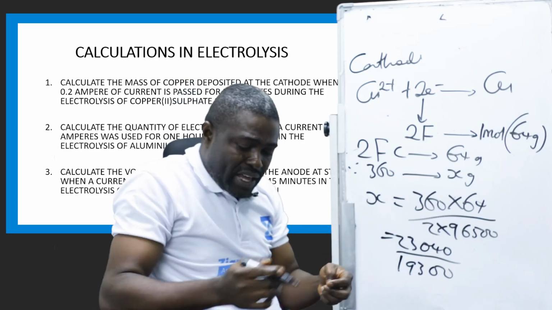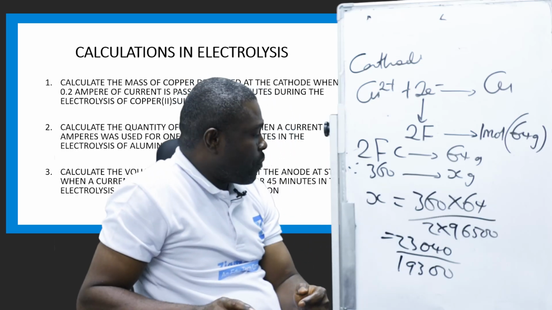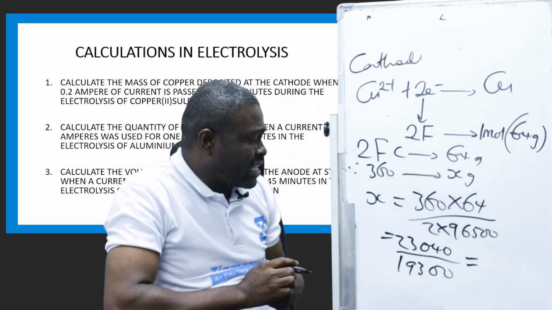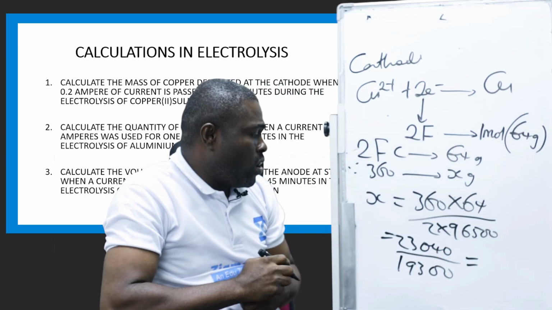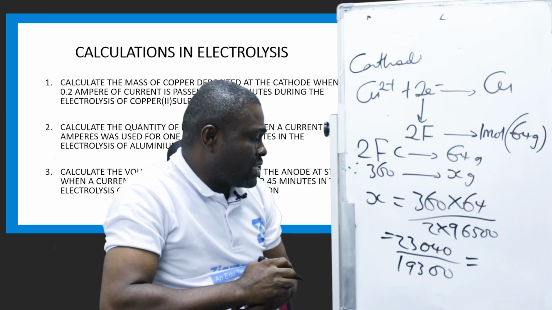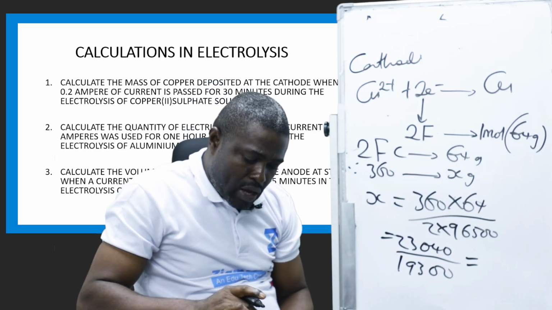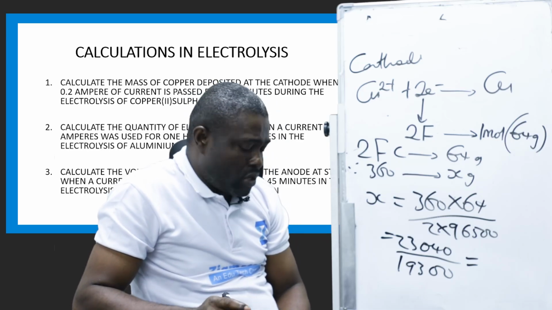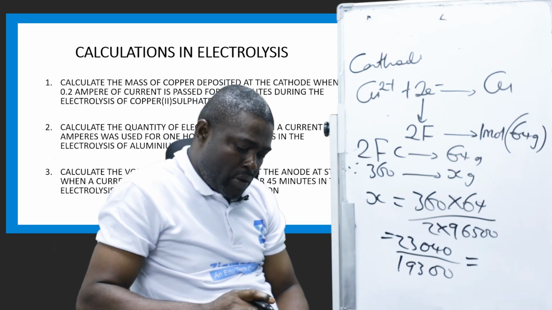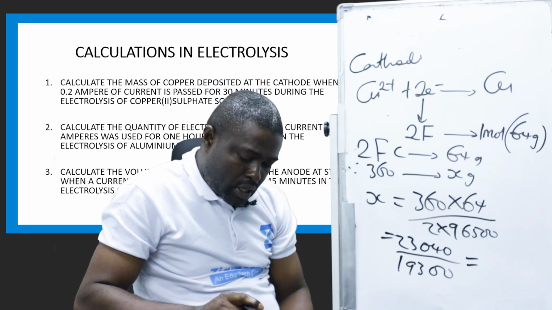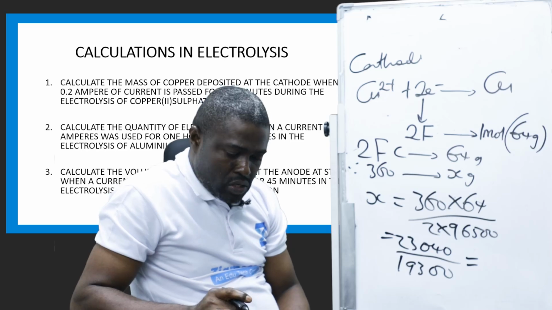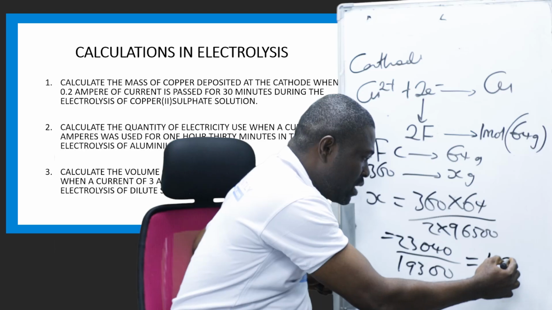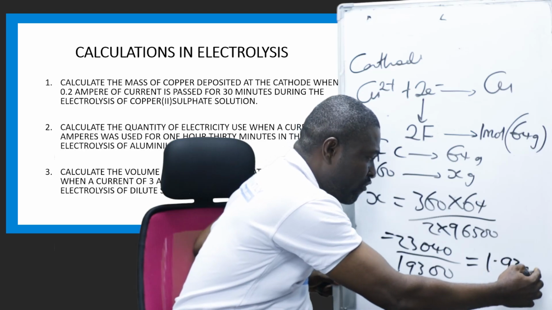So we can divide this to get our mass of copper deposited at the cathode. So what would the mass be? Divide 23,040 by 19,300. We have the mass to be approximately 1.9 grams of copper.